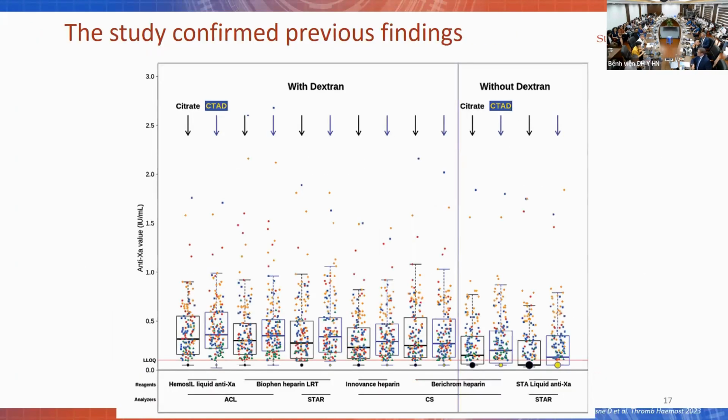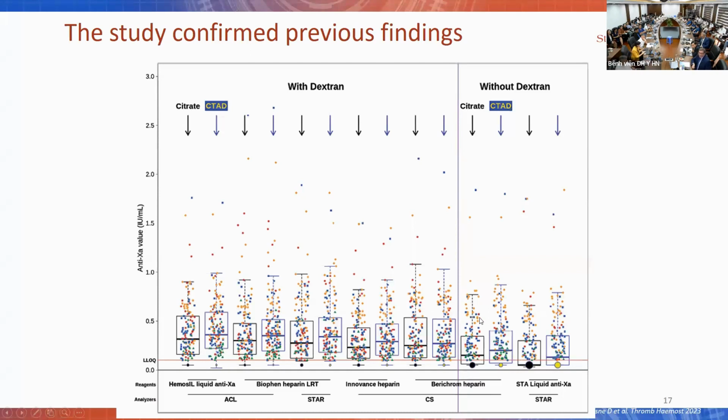And those are the results. And the results are perfectly in line with what had been previously observed, which is that if you look at the mean results here with reagents containing dextran sulfate, they are higher than the results obtained with those reagents here, which do not contain dextran sulfate.